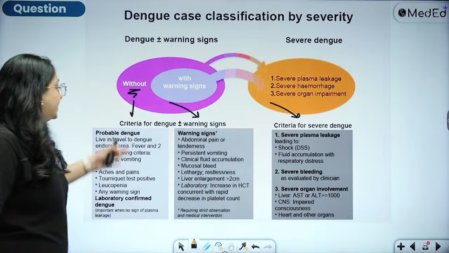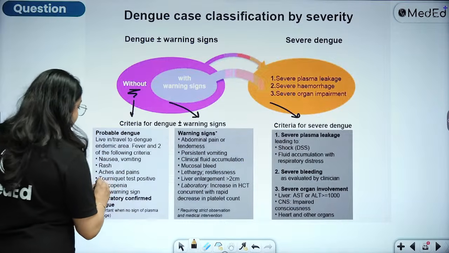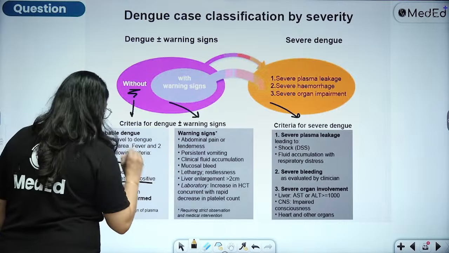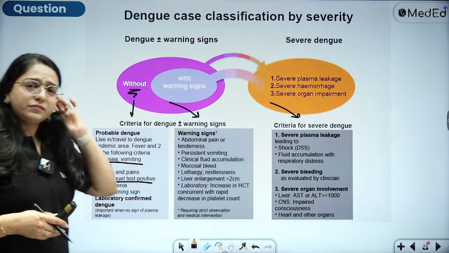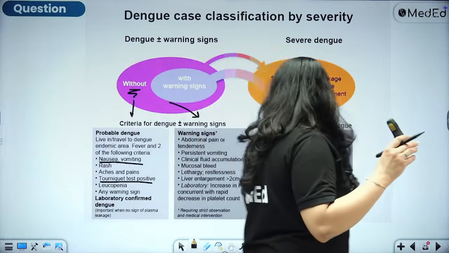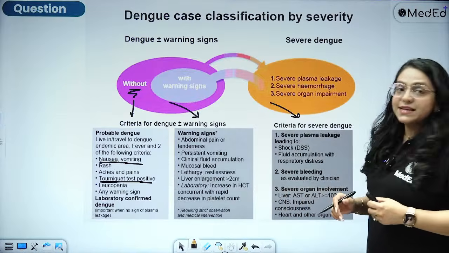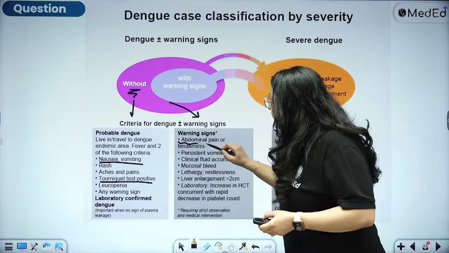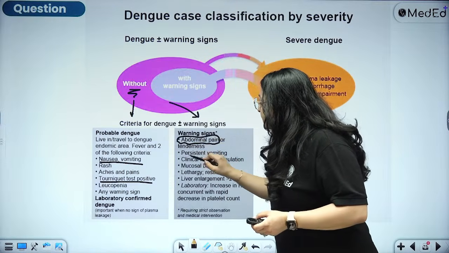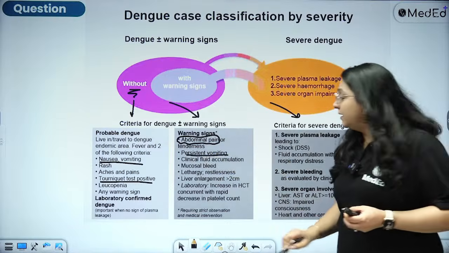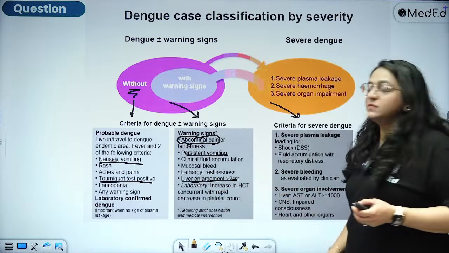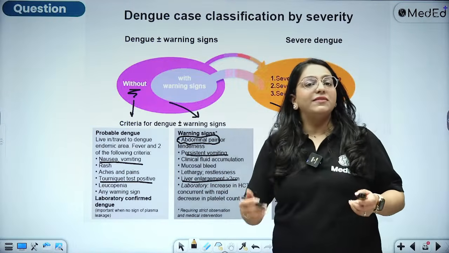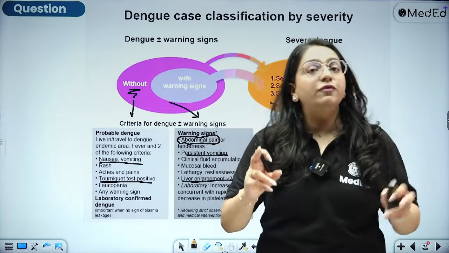Tourniquet test, nausea, vomiting and rash come under dengue only. Warning signs are abdominal tenderness, abdominal pain, persistent vomiting, liver enlargement, and increased hematocrit.